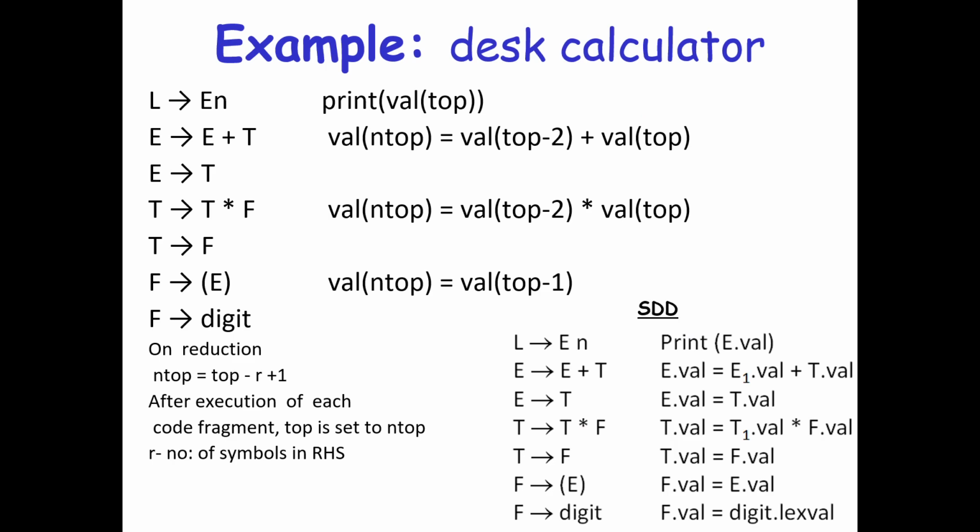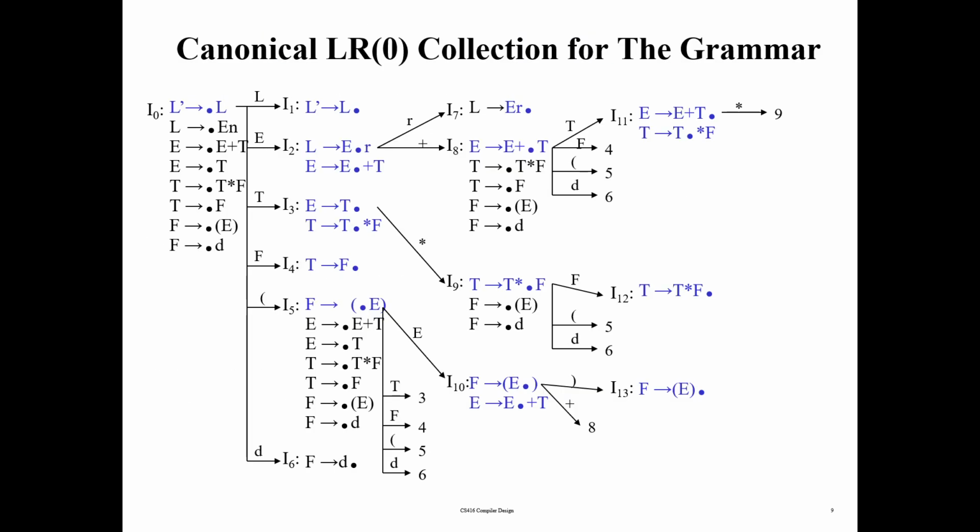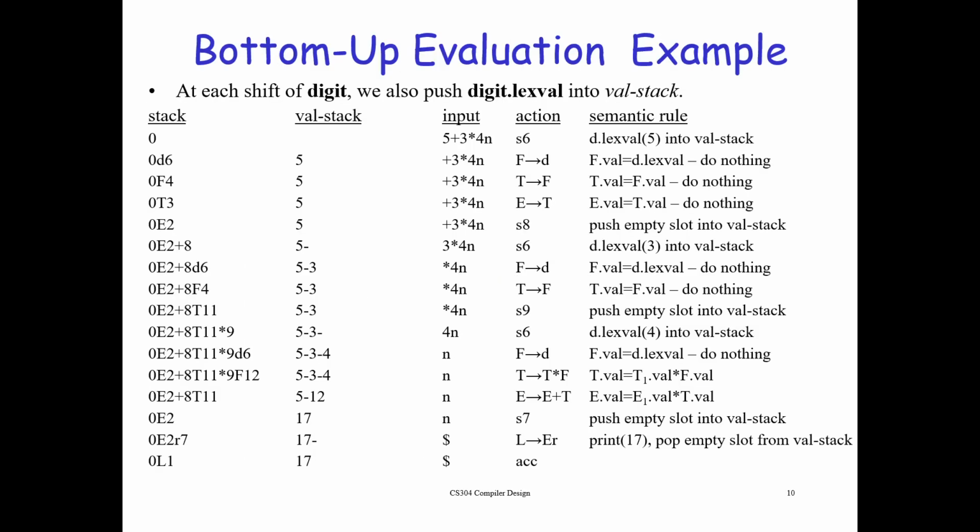F gives digit is the same as F gives D, so instead of digit it is written as D. Instead of 5 they will be representing it as D. So that 5 is pushed onto the stack, then this 6, from the S6, is pushed onto the stack. This D corresponds to this 5.